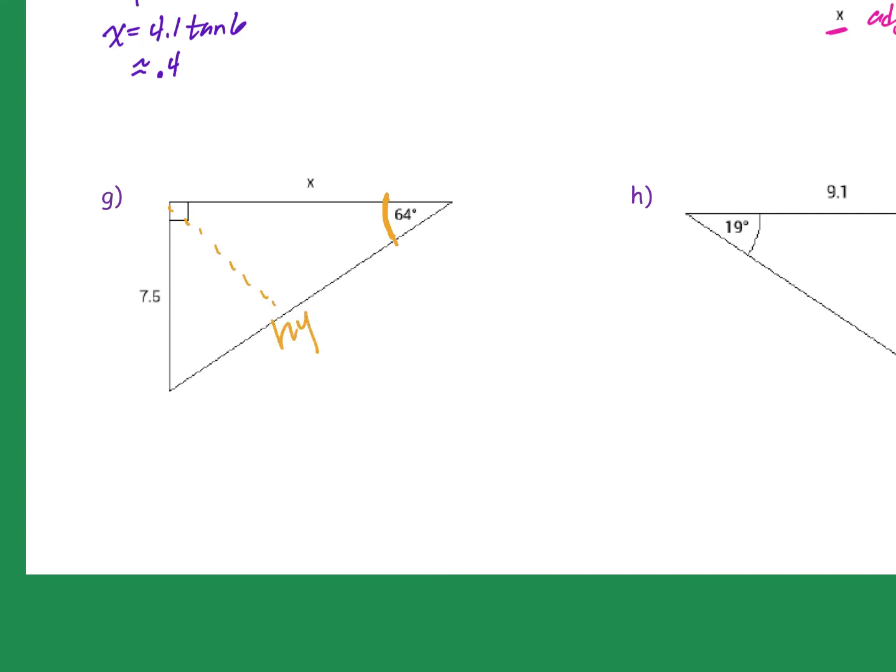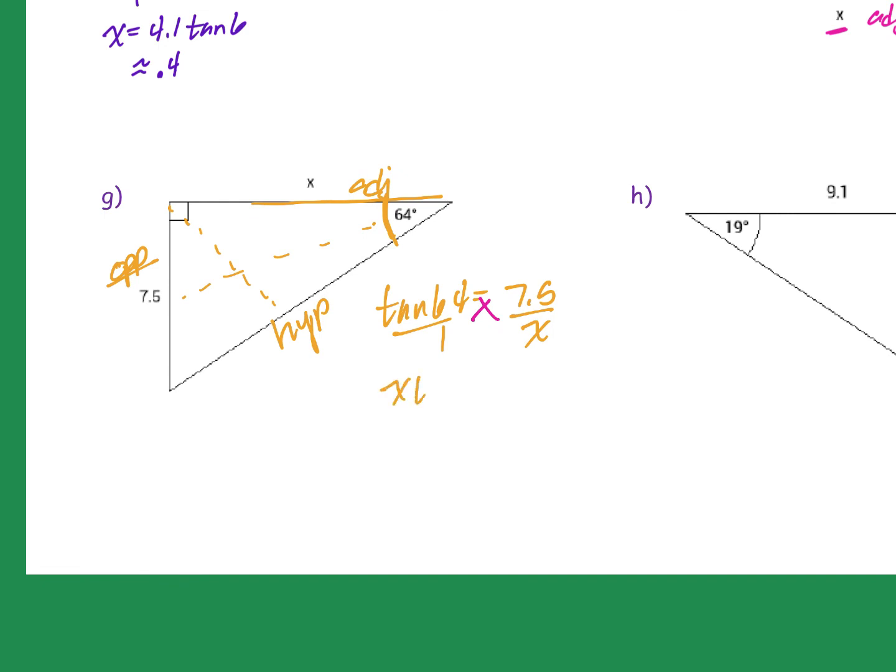Here's my hypotenuse. But that's why I have things written down so I can see what I did wrong, see? Here's my side adjacent. So I've got tangent of 64 equals 7.5 over x. Cross multiply.